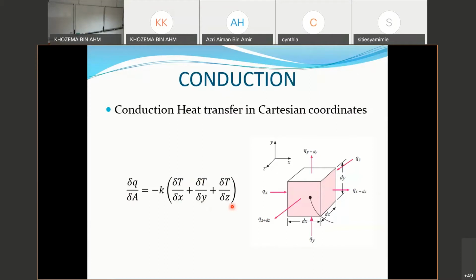But since we are just introducing you to heat transfer, we'll only be focusing on one direction, which is our x direction.